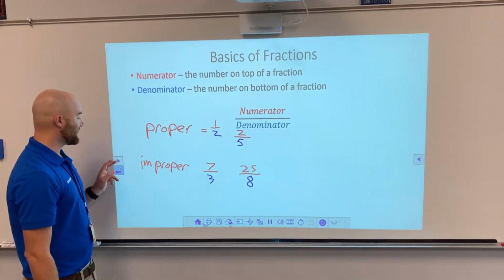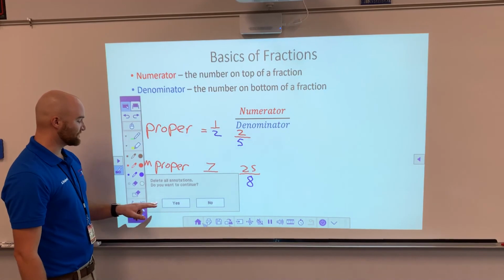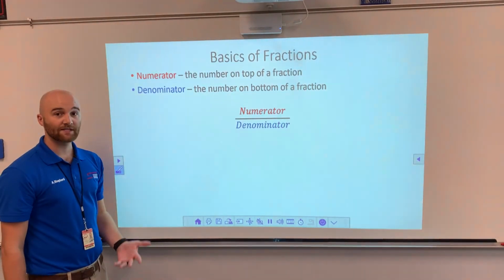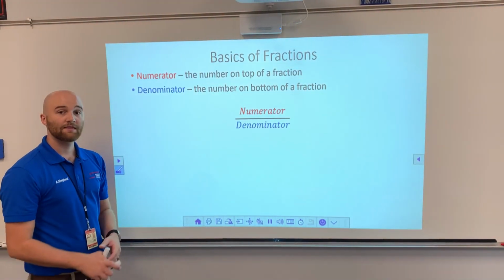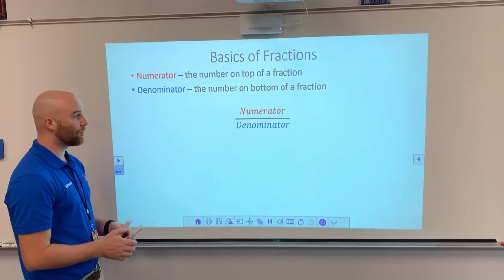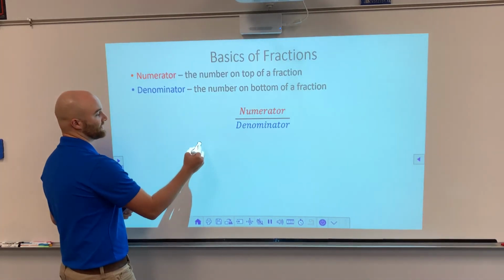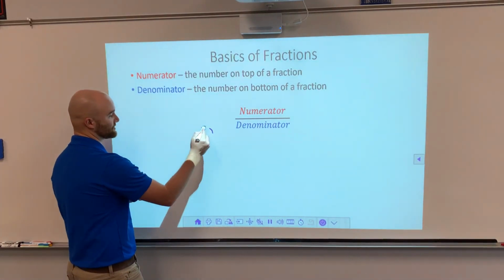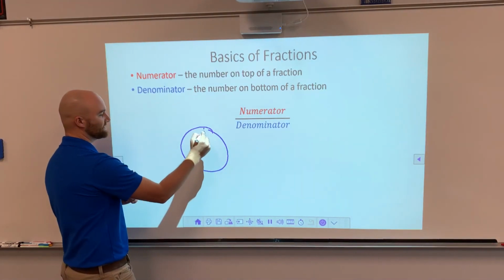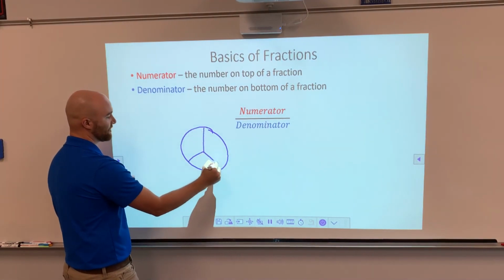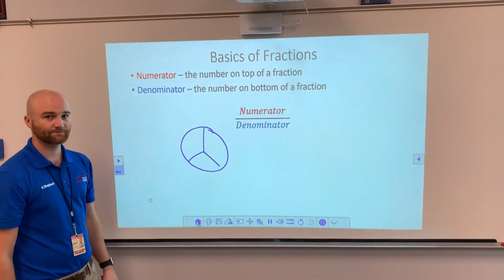Okay? These are fractions. We can take fractions, and if our numerator is the same as our denominator, that means we have one whole. So for example, if I draw in a circle here, and this time let's split it into 3 parts, or into thirds.